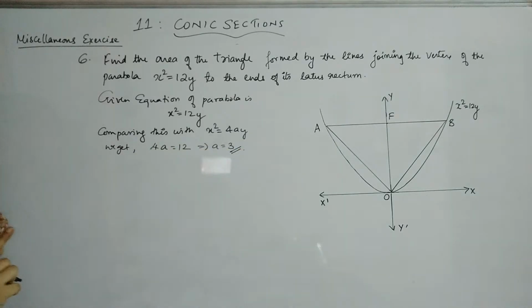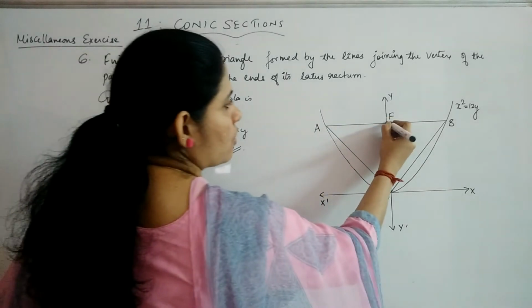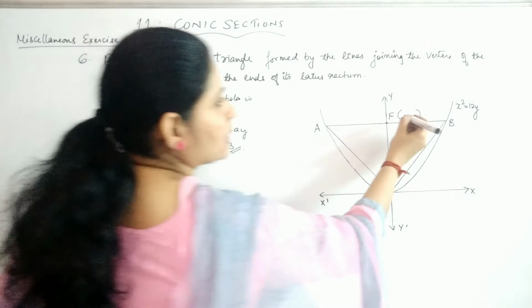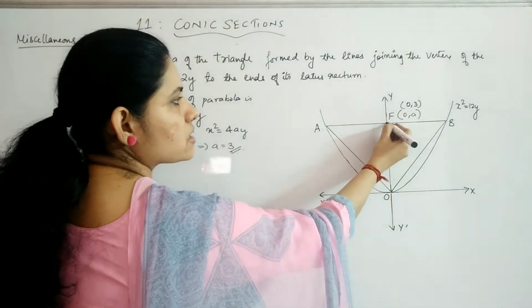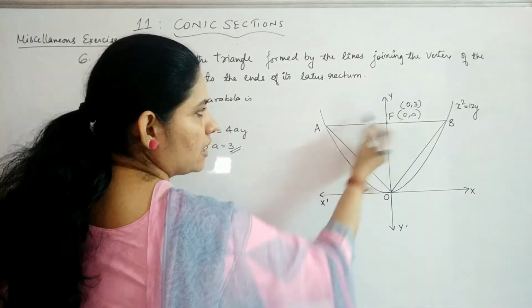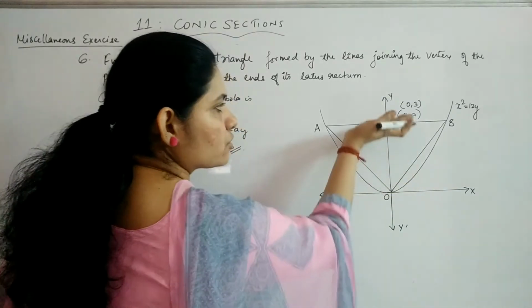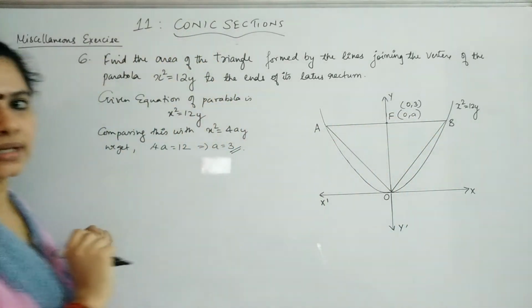Now when a is 3, we know that when it is facing upwards, the focus of the parabola will be of the form 0, a. So this is 0, a, that means it is 0, 3. Now since its y coordinate is 3, this whole line is parallel to the x-axis, so the y coordinate will be a constant there.